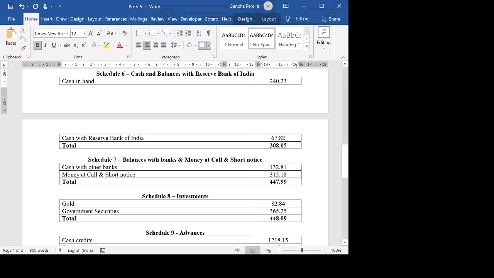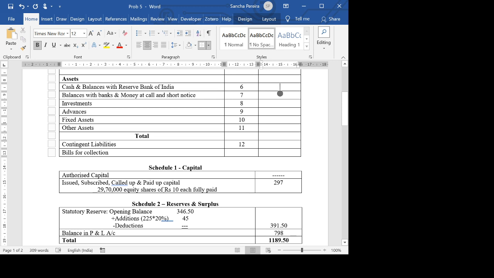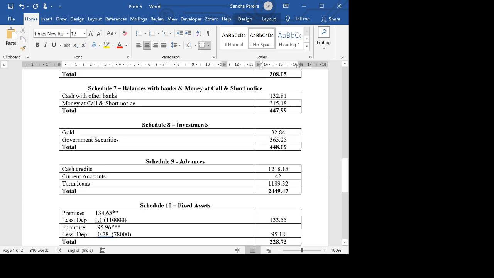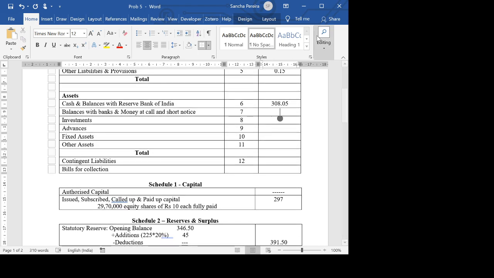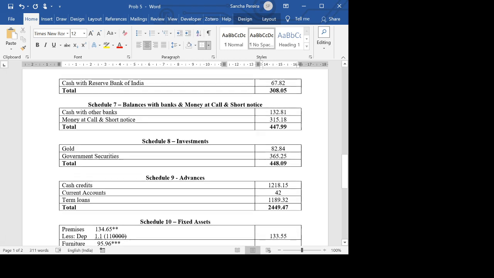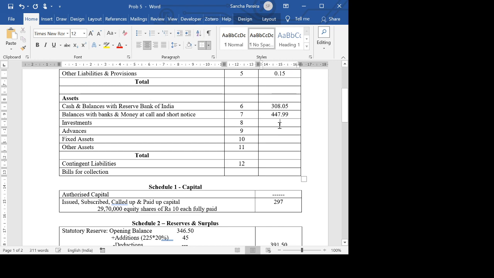Schedule 6 is 308.05. Schedule 7 is 447.99. Schedule 8 is 448.09.